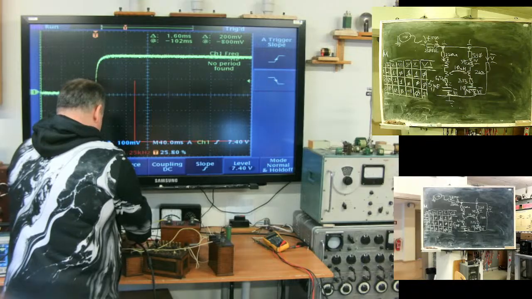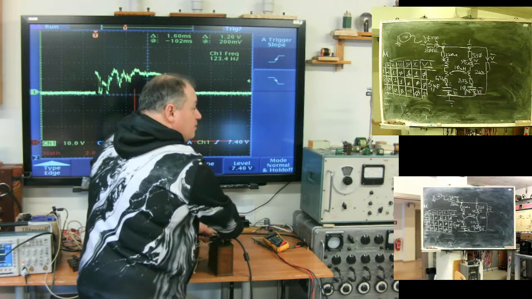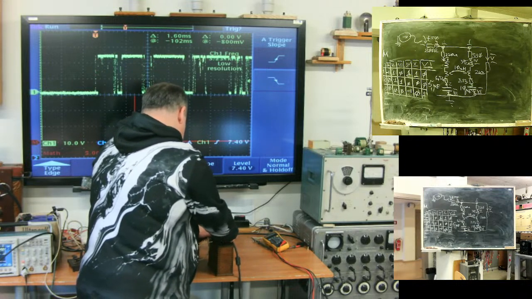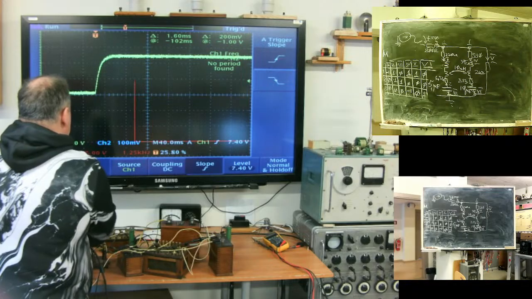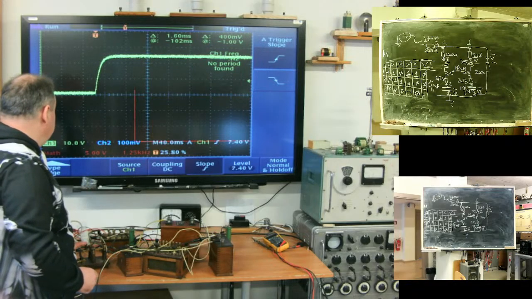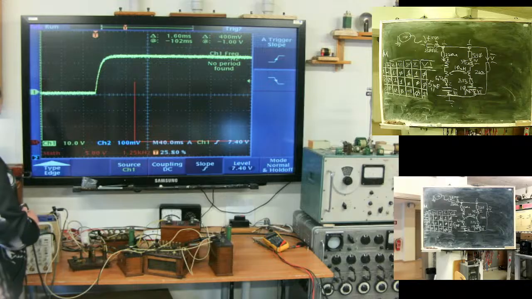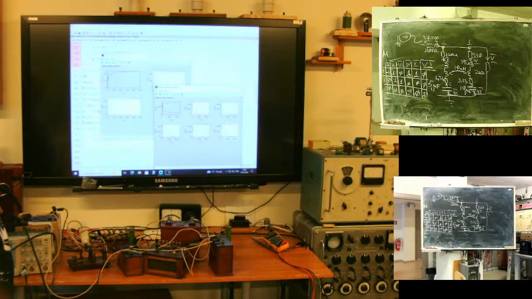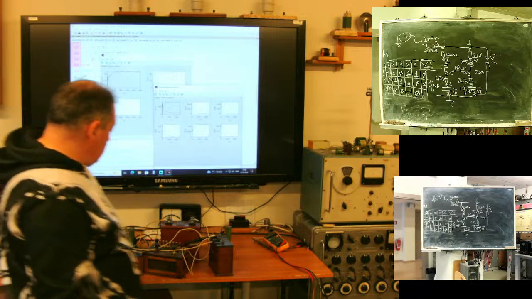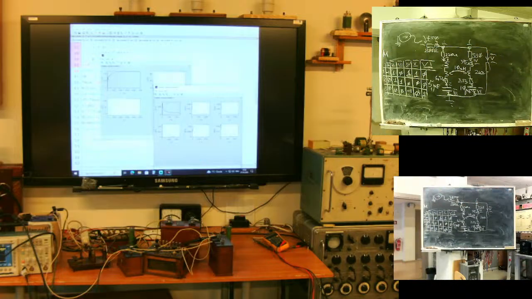Voltage at node 3. Maybe I can get one more. I will take a second wire.